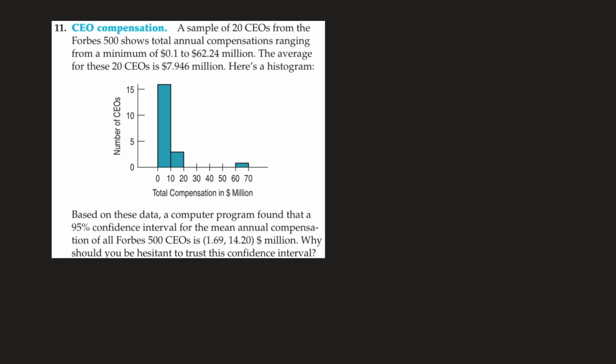And you might describe this as slightly skewed. But what we realize here is that we have an average of 7.946 million, which means my average is right in here, between $0 and $10 million. But that average includes this outlier, which means the average is extremely high because of this value.